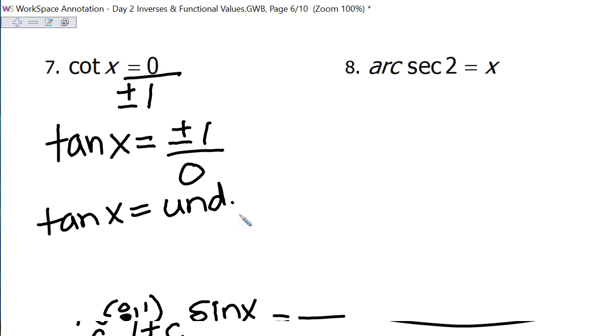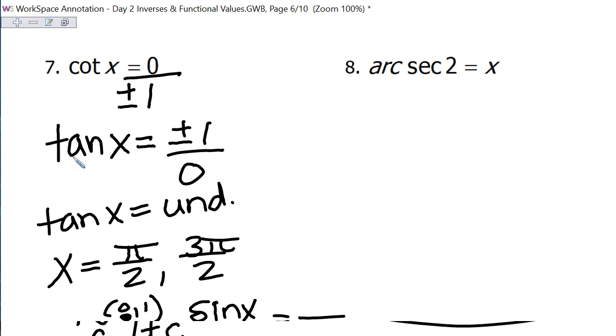So looking at that diagram, what angles have a cosine of 0? Pi over 2 and 3 pi over 2. So pi over 2 and 3 pi over 2.